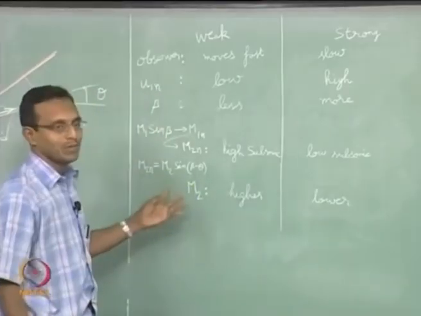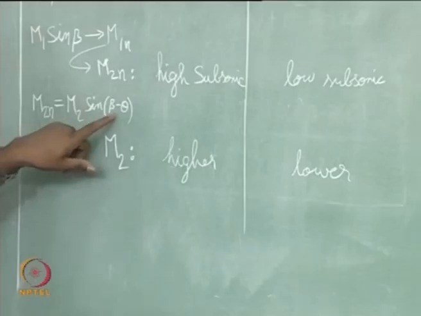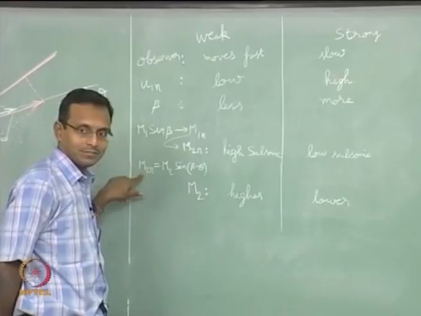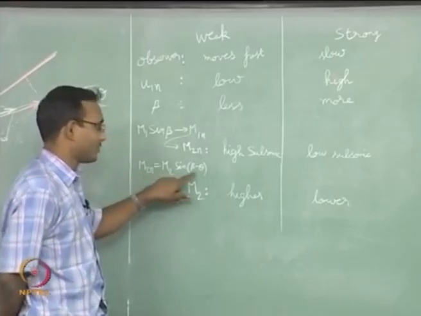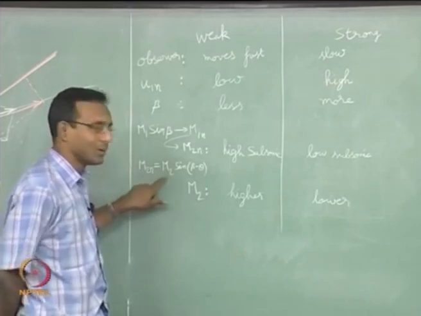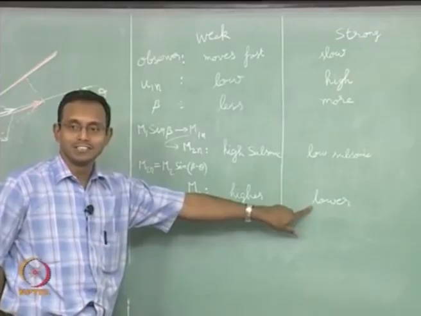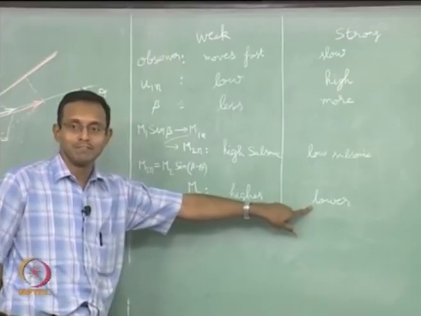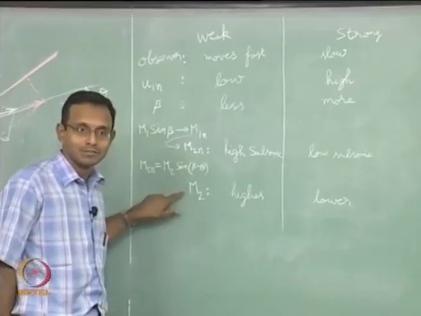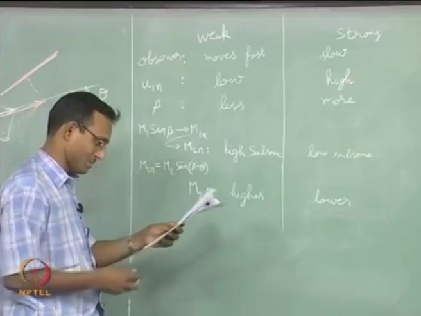Compared to weak, beta is higher. If beta is higher and M2 normal is lower, then to compensate for this increasing, and the overall quantity decreasing, M2 has to decrease a lot more, right. So I can tell for sure that the strong shock Mach number downstream will be very, very low. This Mach number is not the normal Mach number, this is the full Mach number, including the tangential component, everything together, the actual flow velocity Mach number.